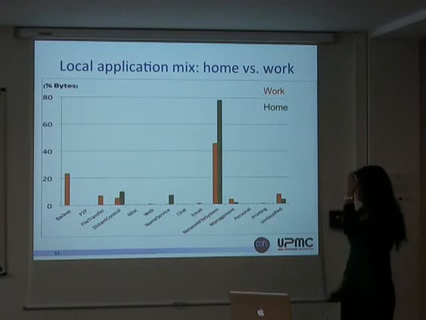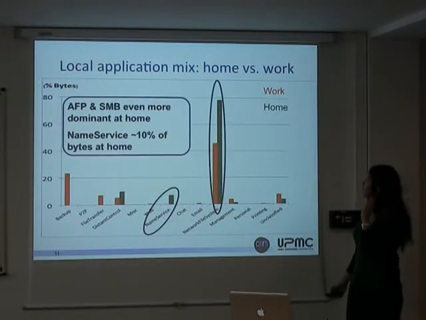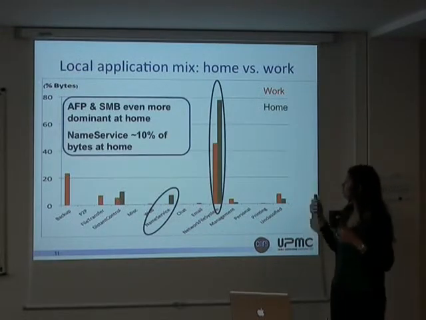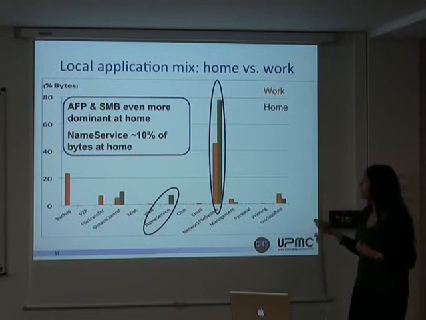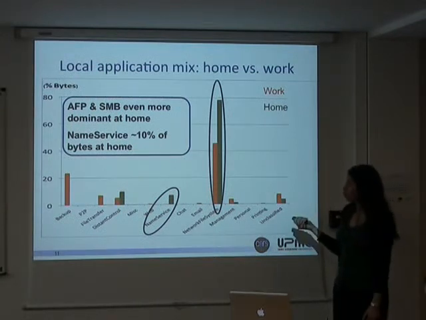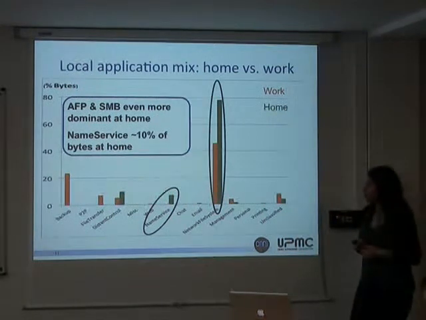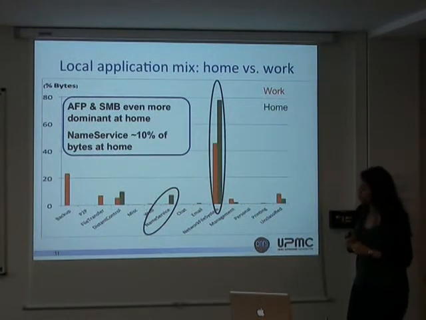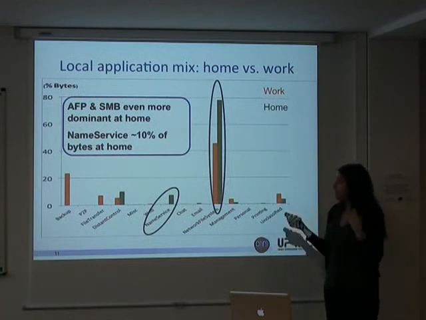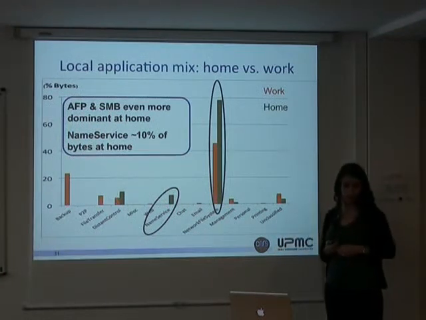Here, we can see that the network file system is even more dominant at home, for example, NFS and SMB. And we can also notice that the name service is pretty high in terms of bytes at home.